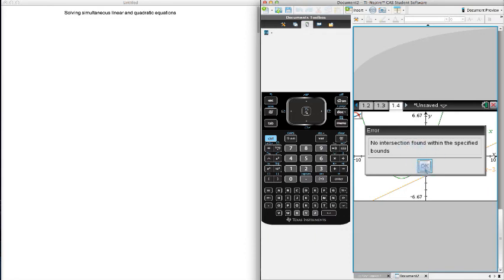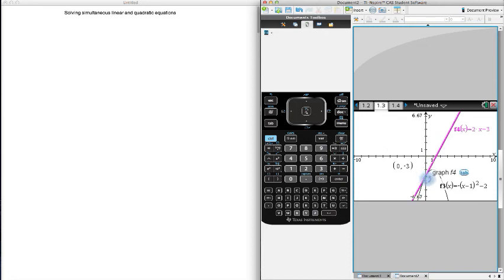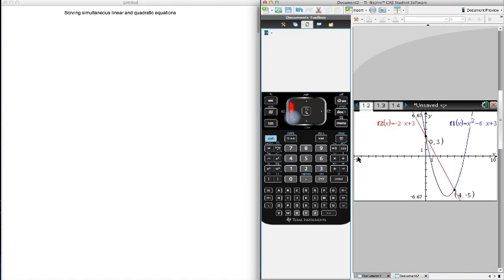No surprises there, because it's quite clear they do not intersect. So be warned, sometimes it will appear as though there's a point of intersection, but they won't actually be quite touching. So it's always best to just check to be sure. Okay, so that's using the CAS, extremely easy. Now let's do it algebraically.